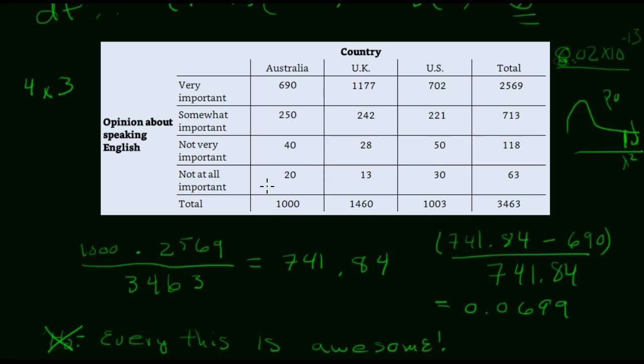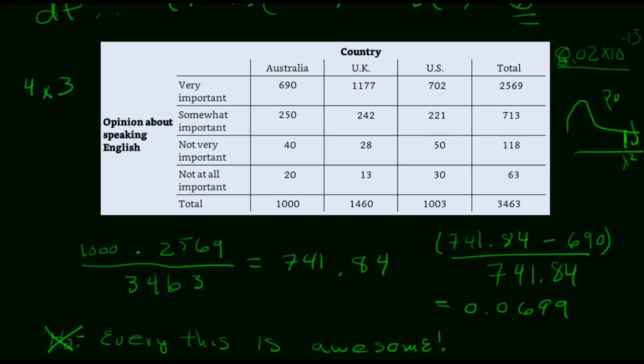Because if they were independent, homogeneity would show up here, which means that people in these various countries are not independent about their opinion about how important speaking English is, right? You have to dig deeper into the data to see how that all lines up, but these two characteristics are definitely not independent.